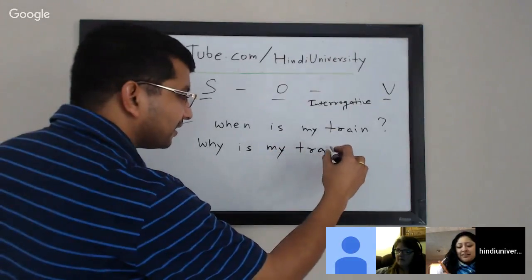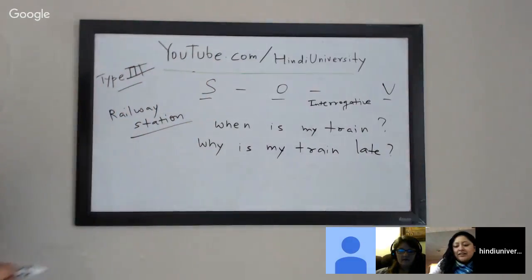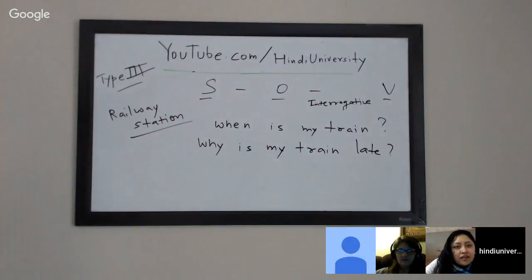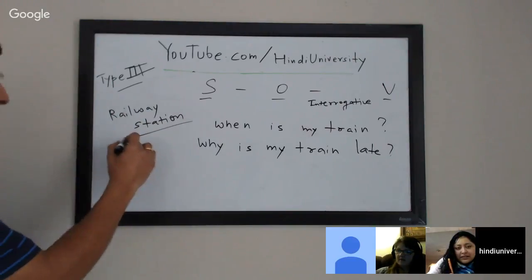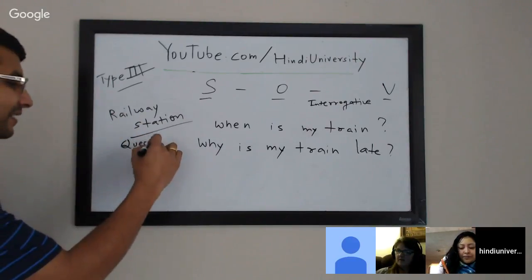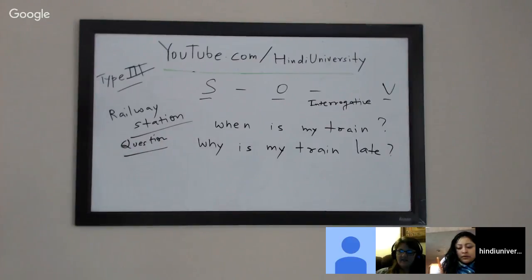A common complaint, right? Irrespective of wherever you are in the world. If you are in India you'll have more complaints, but even in the US you'll still have complaints. So the task here is that you want to complain to someone, and you want to complain in Hindi. That's the only variable in this case.